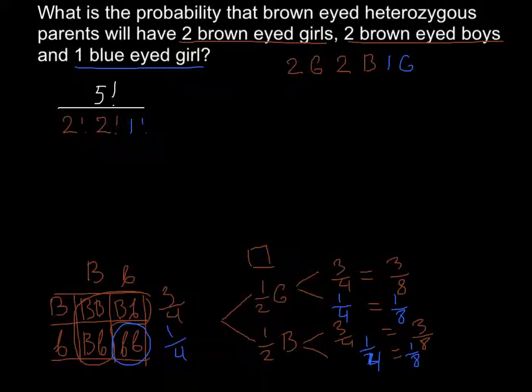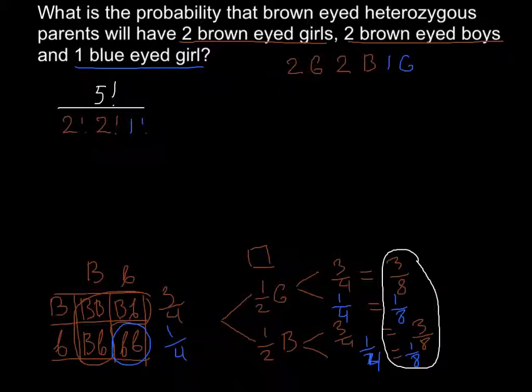So we multiply 1/2, the chance to be a boy, by 1/4 to have blue eyes. So here are the 4 different probabilities, and now we can use these probabilities in order to complete our formula.